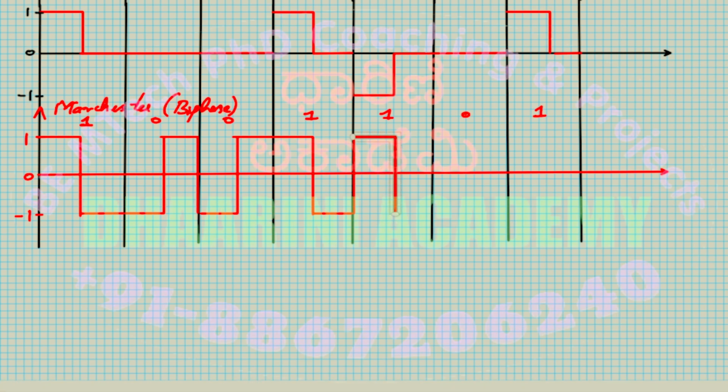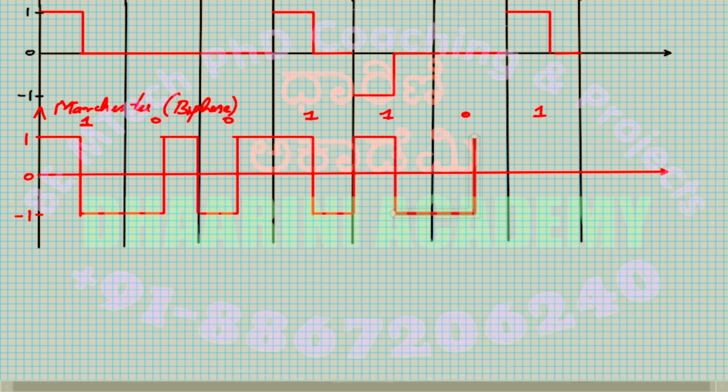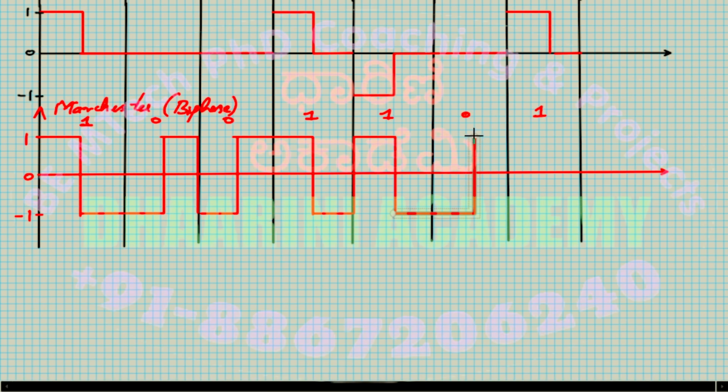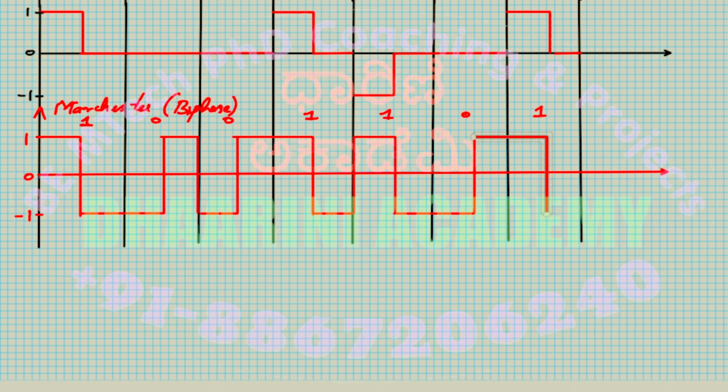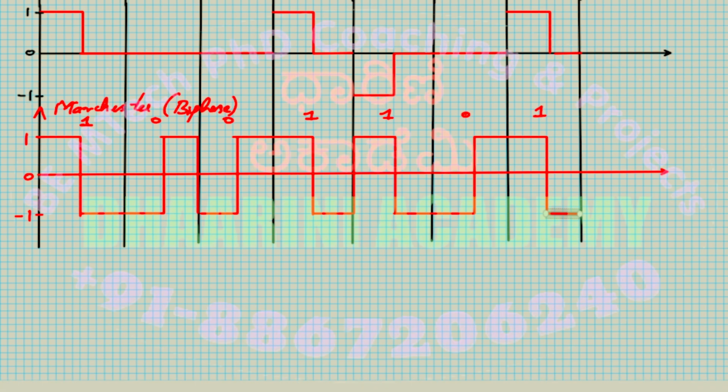Next, I can see that I have a 0. So first half should be negative, then the remaining half should be positive. Repeat that. Then you send like this. So that is called the Manchester or biphase pulse technique under PAM.